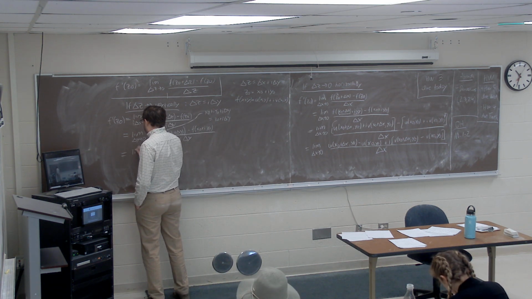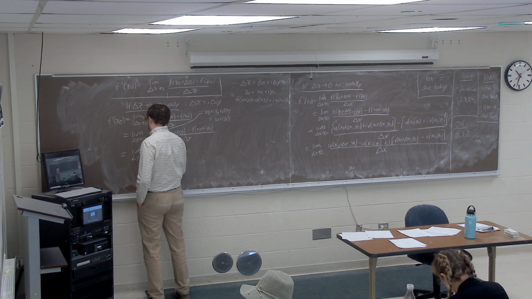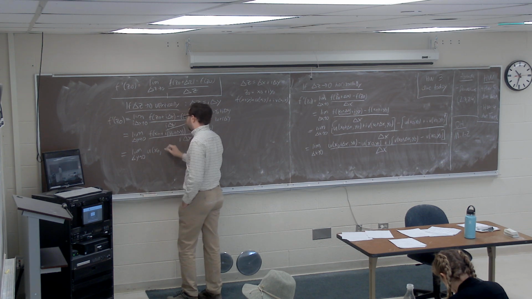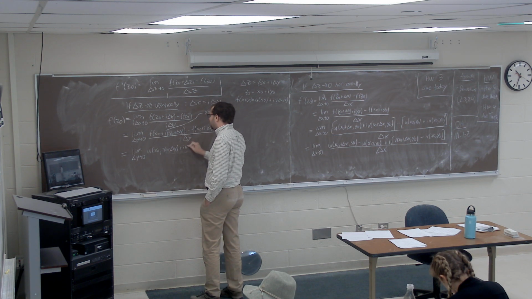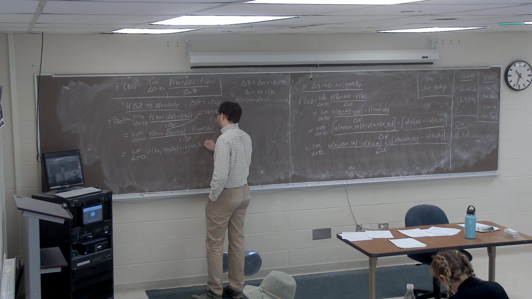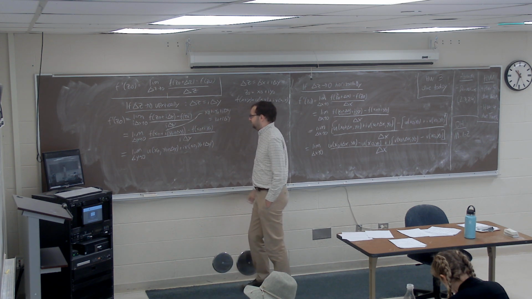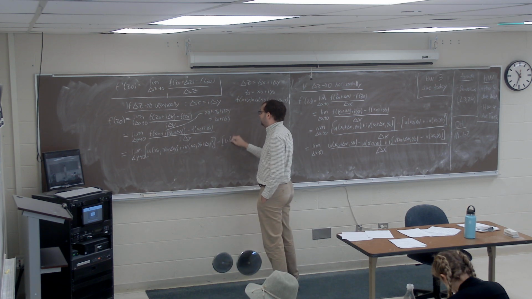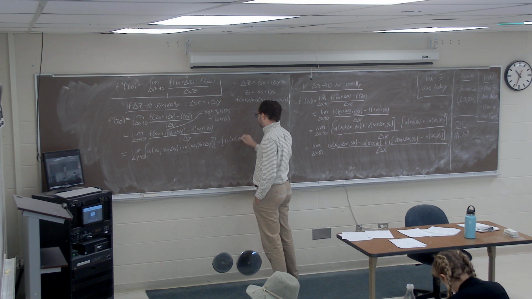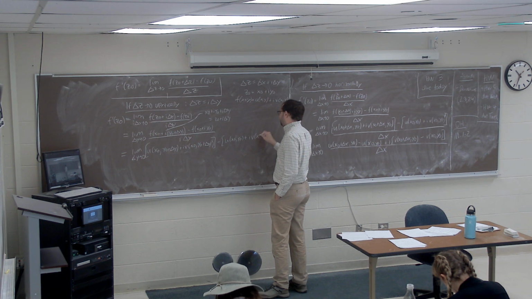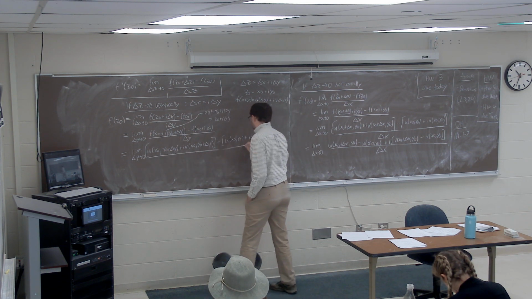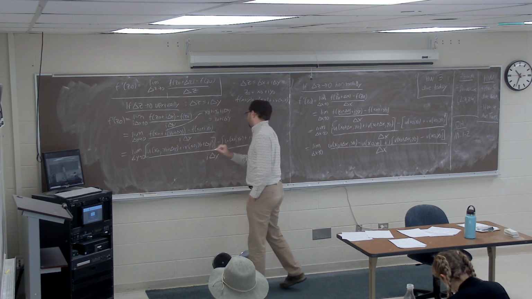And if we do that, we'll get a limit as delta y goes to 0 of u of x naught comma y naught plus delta y plus iv of x naught comma y naught plus delta y, all of that minus the expression u of x naught comma y naught plus iv of x naught comma y naught, all over i delta y.